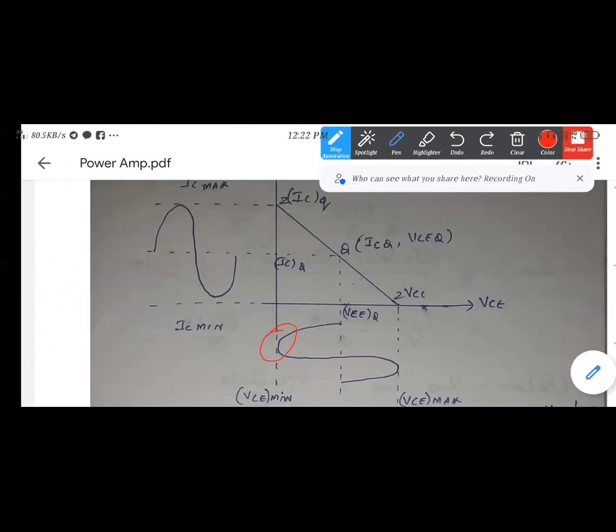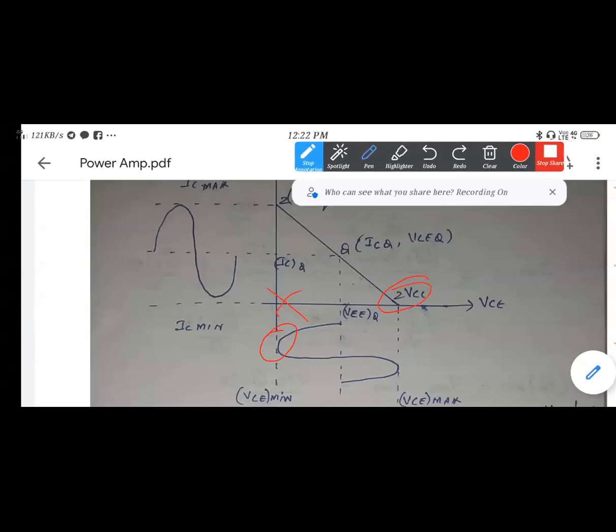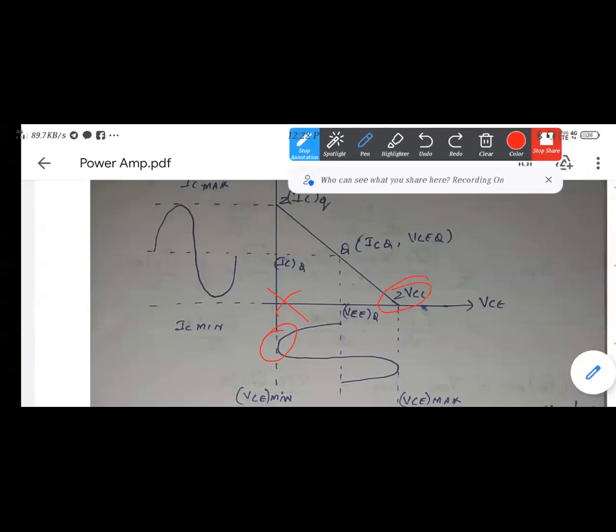If you observe the waveform, VCE maximum is 2 times VCC. VCE minimum equals the origin, so this point shows 0. Since it is the origin, we can write this as 0. And similarly, IC maximum equals 2 times ICQ and IC minimum equals 0.